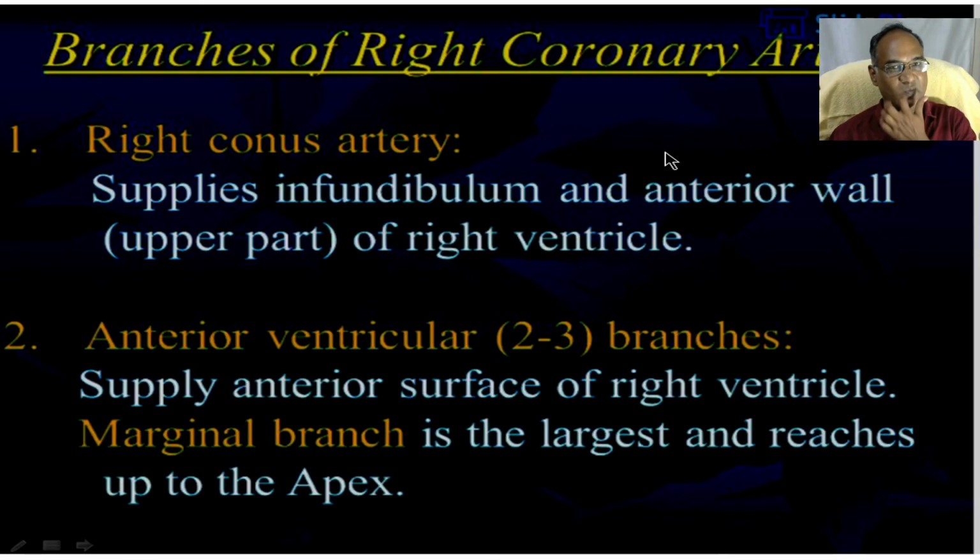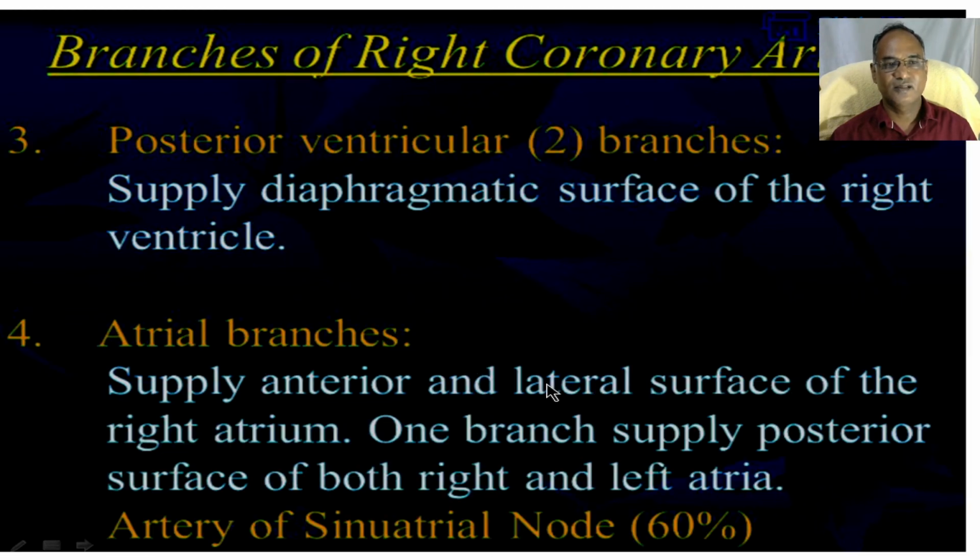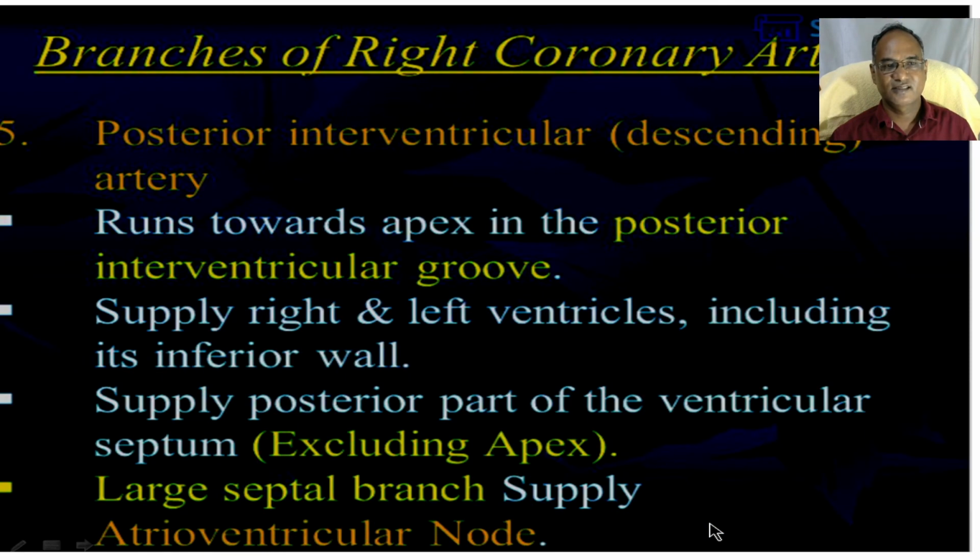The branches of the right coronary artery are the conus artery, the anterior ventricular branches, two to three, the posterior ventricular branches, two, and the atrial branches, and the fifth one, the posterior interventricular artery, that is called the descending artery. Specifically, the atrioventricular node is supplied by the posterior interventricular artery.